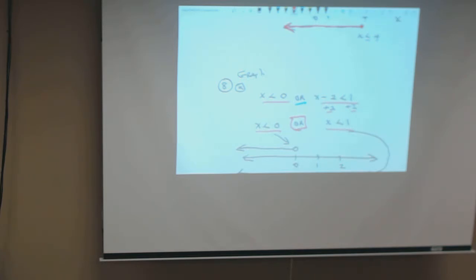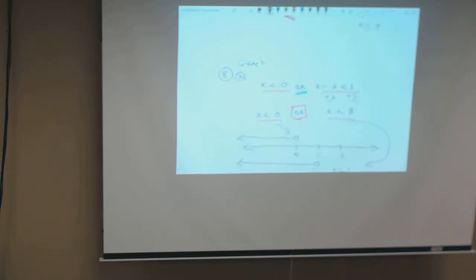No, I made another mistake, didn't I? What should that be? Did I copy that down right? That would be x is less than 3. Wow, I made a bunch of mistakes on this one. Just got careless.